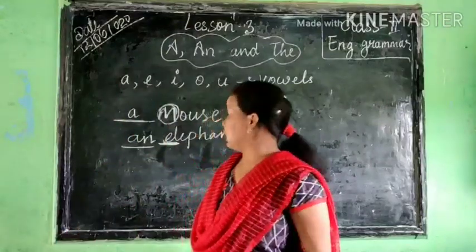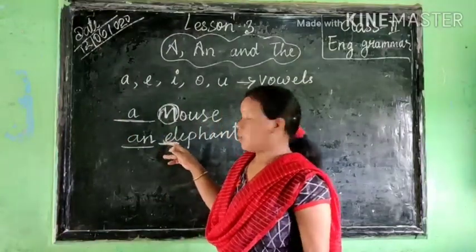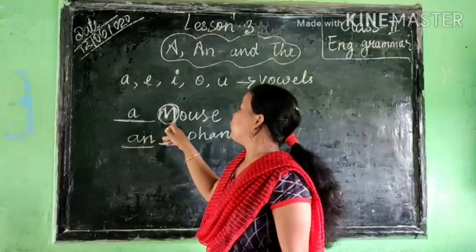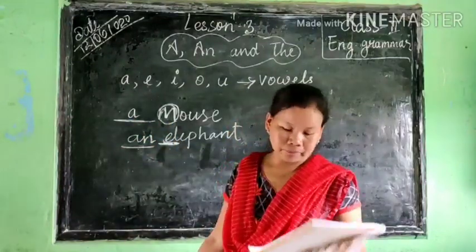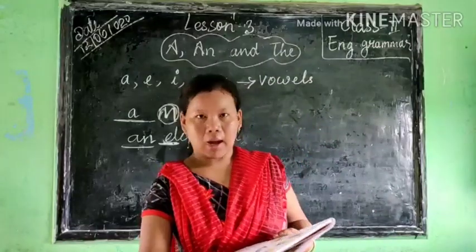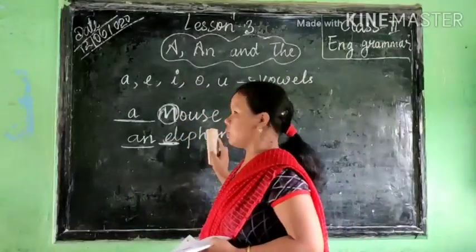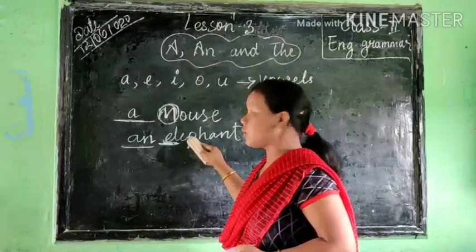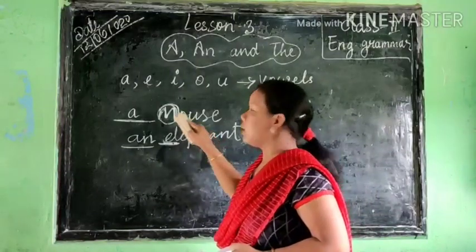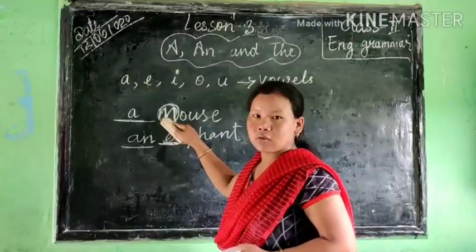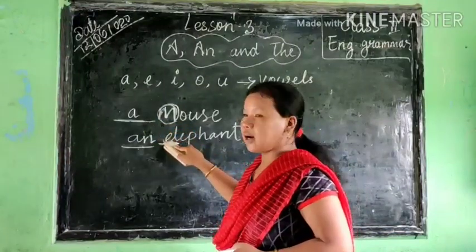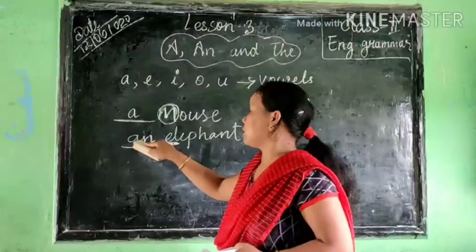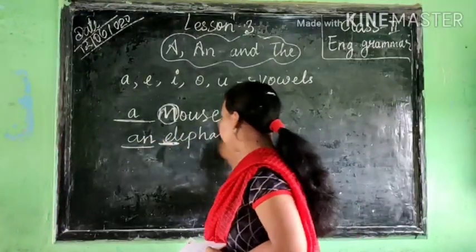So if it is before a vowel, we use an. Before a consonant, we use a. Understand? Other words: this elephant also is a singular noun. This mouse is a singular noun. Its first letter sounds like a consonant, so we use a. It is a vowel, okay, first letter is a vowel, so we are using an.